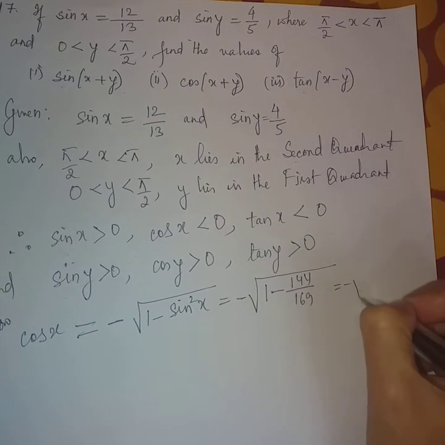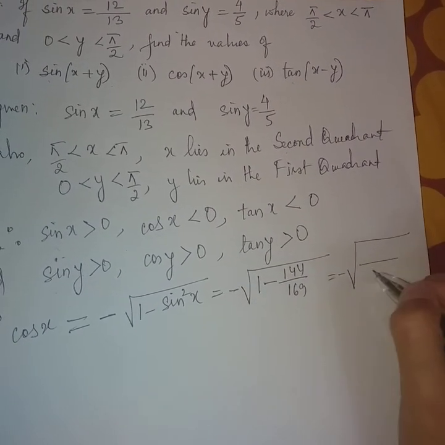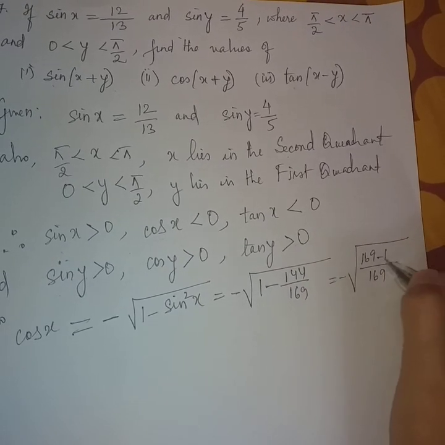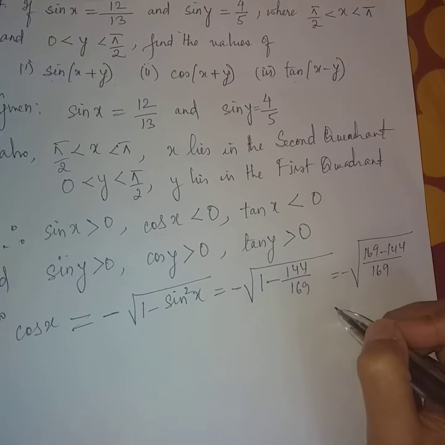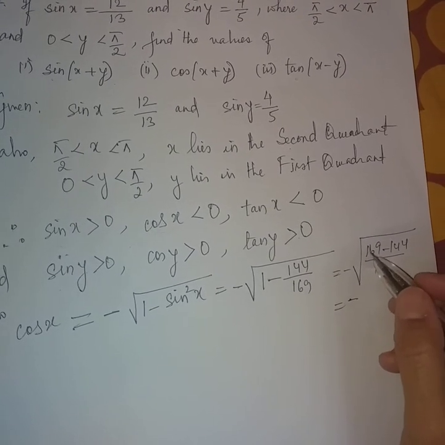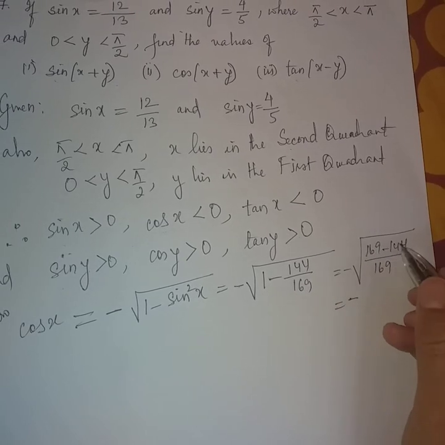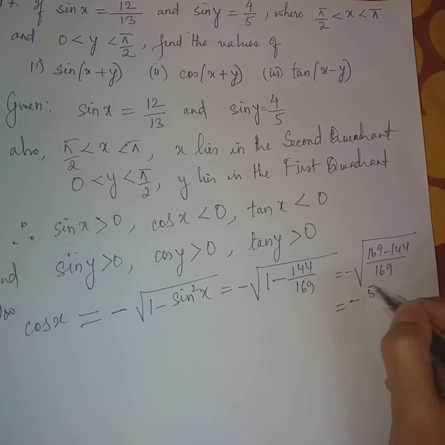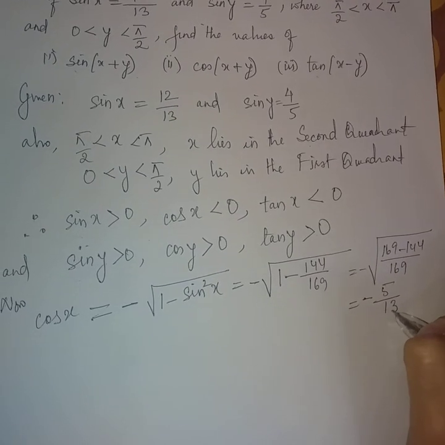Taking the LCM, this will be 169 minus 144 over 169, which is 25 by 169. After taking the square root, it will be 5 by 13.